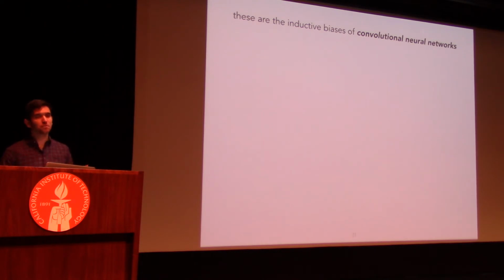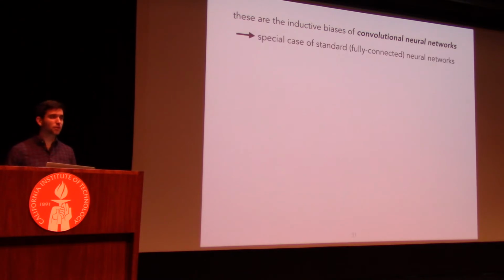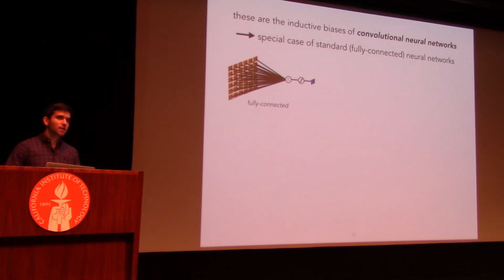So these are the inductive biases of what are known as convolutional neural networks. These have been around for a while, and the interesting thing is that they're actually a special case of standard fully connected networks. So let's see why that would be the case. If you think about what we were doing before, we were reshaping our image into a vector, and then we had every single input feature going into the unit in the next layer.